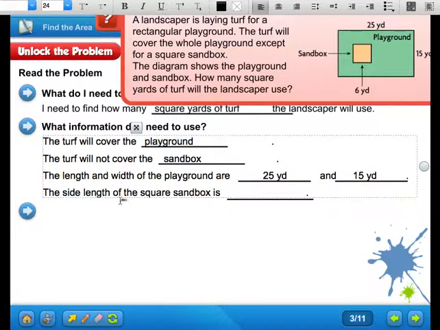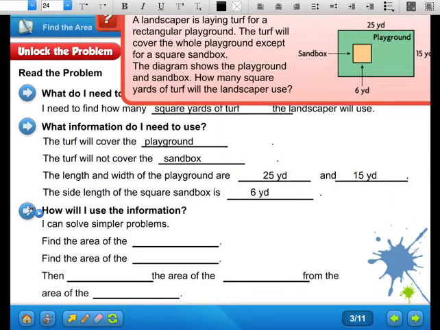All right, the side length of the square sandbox is 6. And if it's square, then we know if this side is 6, then that side's 6, that side's 6, the whole thing is 6, correct? All right, how will I use this information? I can solve simpler problems.